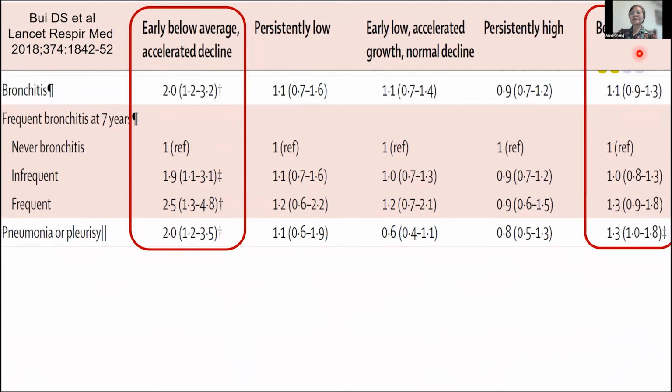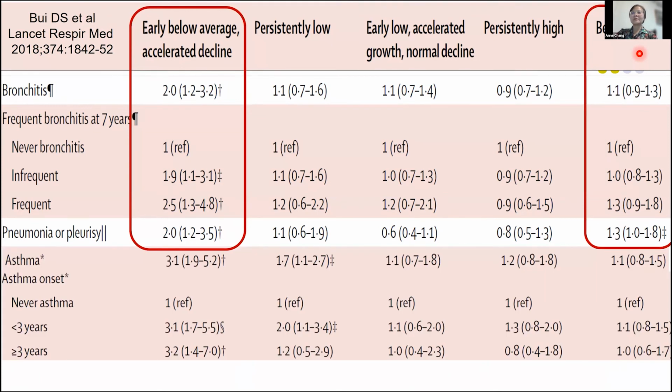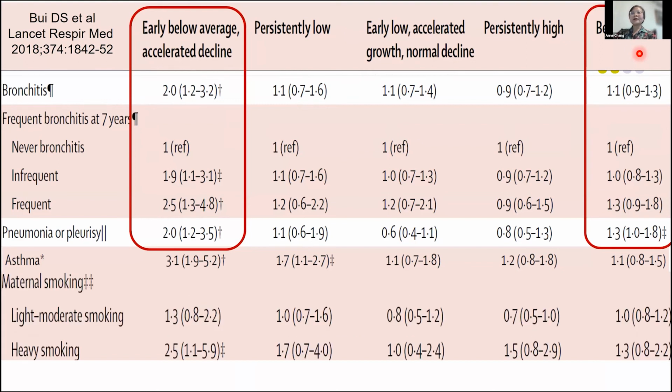To put things into perspective, she also found that asthma is a factor, and the asthma component has been shown in previous studies. Smoking is a factor, but that's not really surprising. But what is new is this concept of bronchitis and pneumonia in the accelerated decline component.